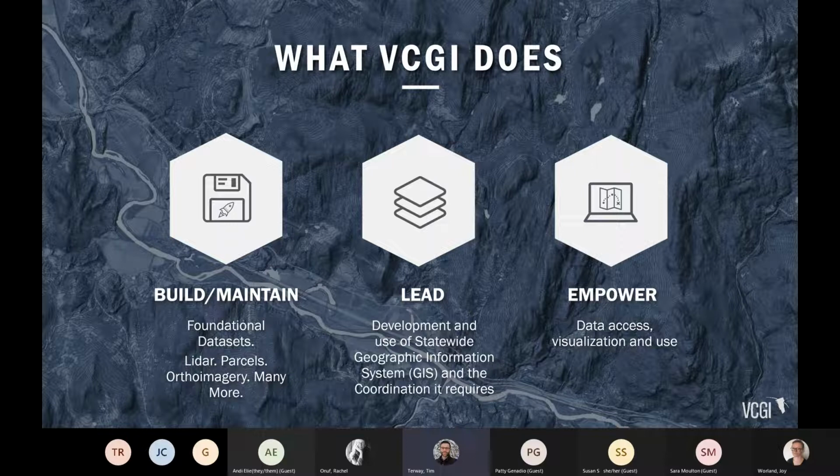So we lead that effort across all the GIS producing and maintaining public entities throughout the state. And lastly, through efforts like the one we're talking about today, we aim to at least enable, if not empower, access to information and understand some of the opportunities for visualization and its use.